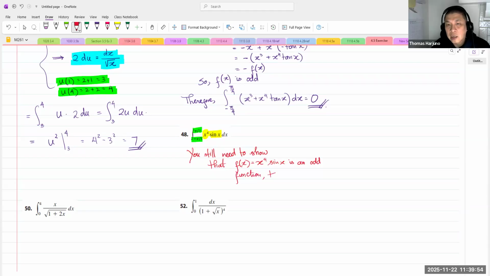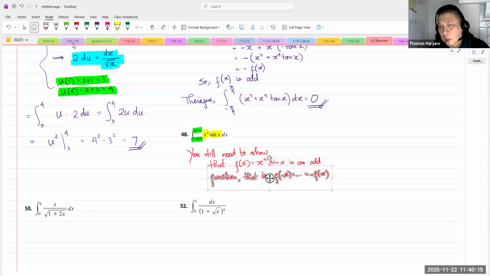That is, you need to show that f of negative x equals negative f of x. Now your instructor may be easier than that, not that picky, but if you have an instructor like me, for every claim you make, you need to come up with a proof of that.